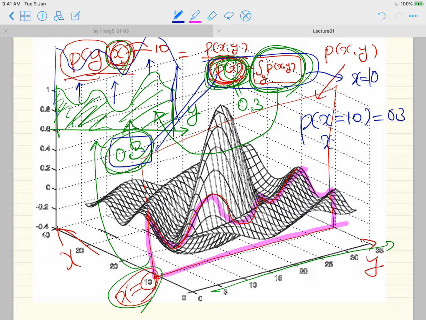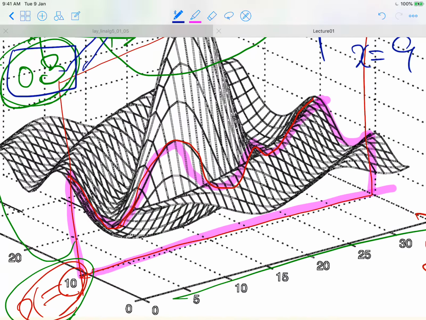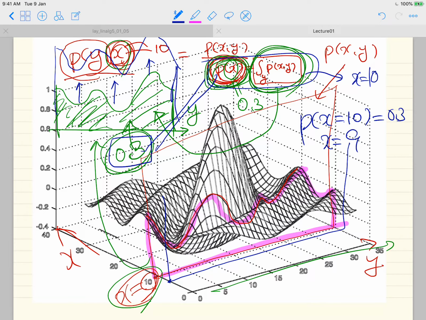So what if we change x to 9? In that case, we start from here, and we also obtain the sectional shape of this mountain, and then obtain the area of it. Suppose this area was 0.18.